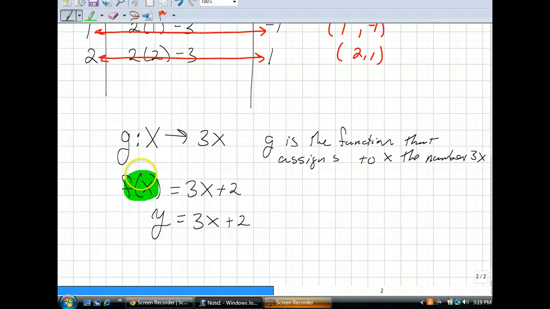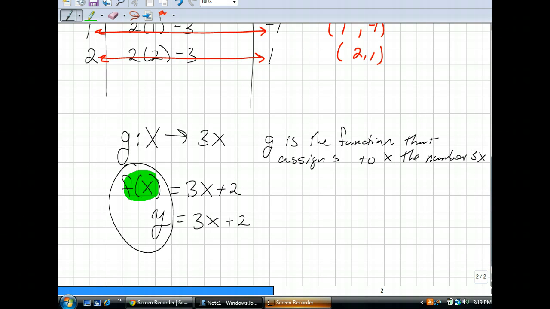So f of x and y can be interchanged. If you're talking about a function, then you say f of x equals 3x plus 2. If you're talking about the equation of a line, you say y equals 3x plus 2, okay?